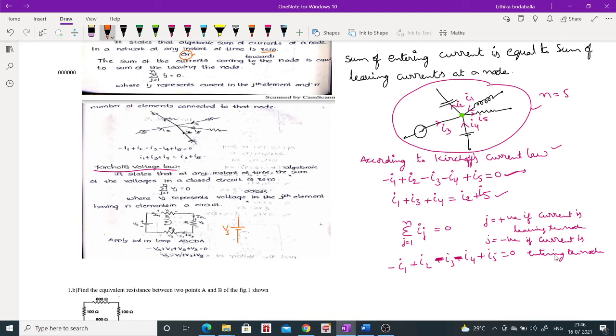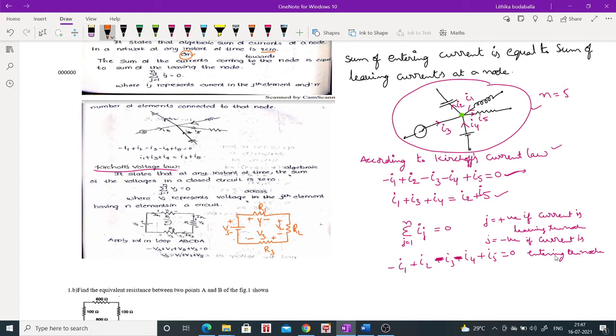This is Vs, plus and minus, and there is a resistor R1, another resistor R2, and another resistor R3 here. So there are 3 resistors and 1 voltage source in this circuit. The voltage drop across R1 I am assuming as V1, across R2 as V2, and across R3 as V3.